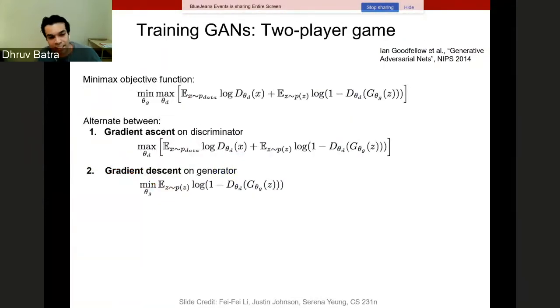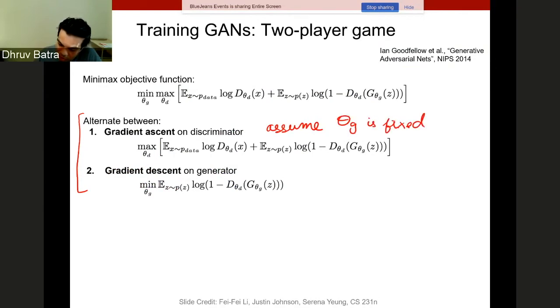What you often find in practice is that people will be doing alternating gradient ascent and descent. So we will assume here that theta g is fixed for some number of iterations and perform gradient ascent on this objective.